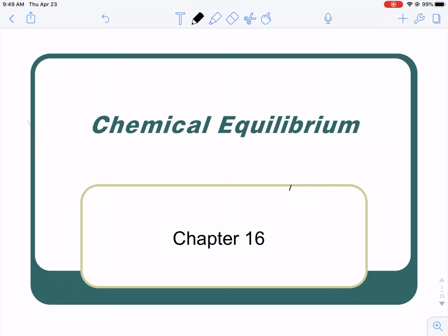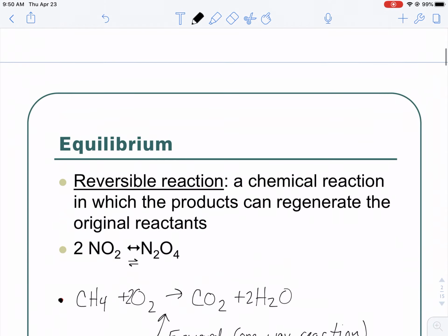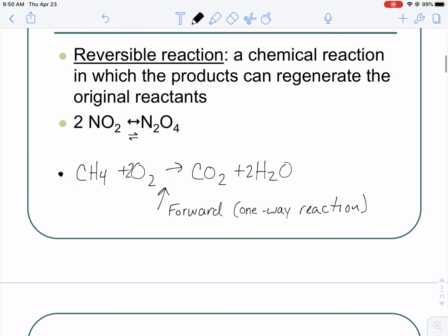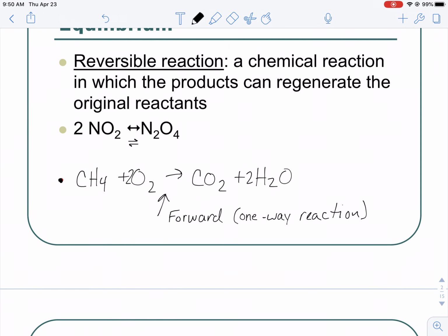Yesterday you had an assignment that talked about reversible reactions, and all I really wanted you to do was to try and figure out what is the difference between a reversible reaction and a forward reaction. And hopefully what you got out of that is that in a reversible reaction, you have reactants and you have products. And as the reactants are going to products, my products are also going back into reactants.